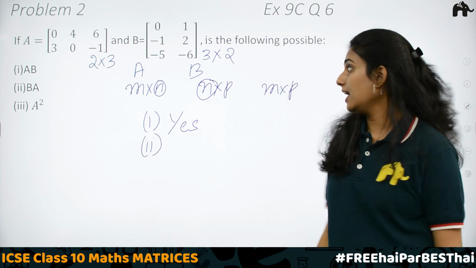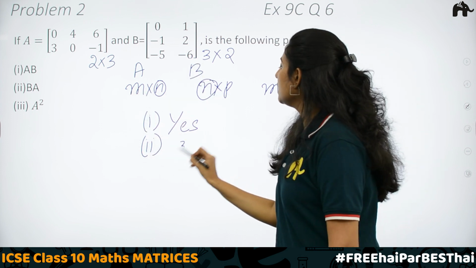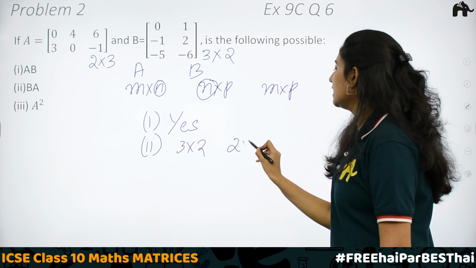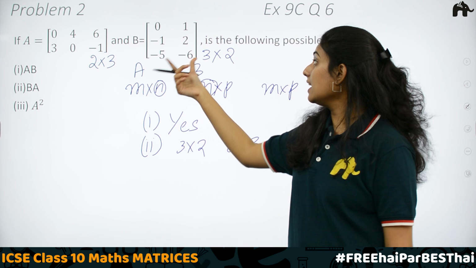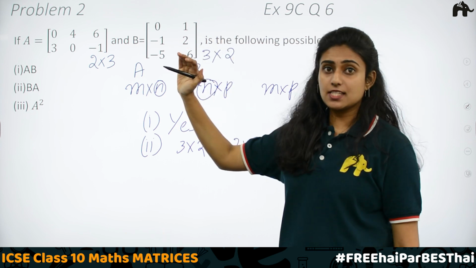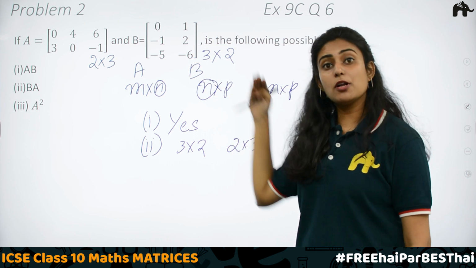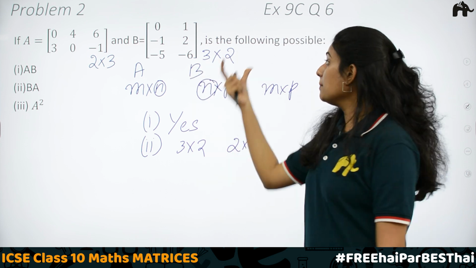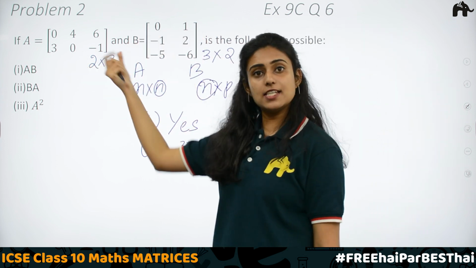Now, the second one. To check for the second one, B into A. B is a 3 by 2 matrix and A is a 2 by 3 matrix. Here again, what is the number of rows in the first matrix? Here B is the first matrix. Number of rows is 3. Number of columns in the first matrix, that is 2. Number of columns in the first matrix should be equal to the number of rows in the second matrix.